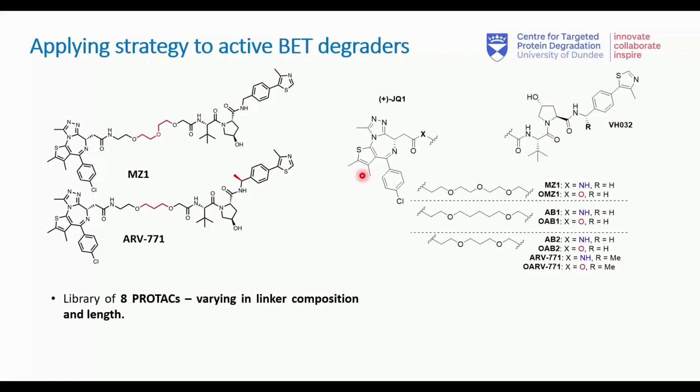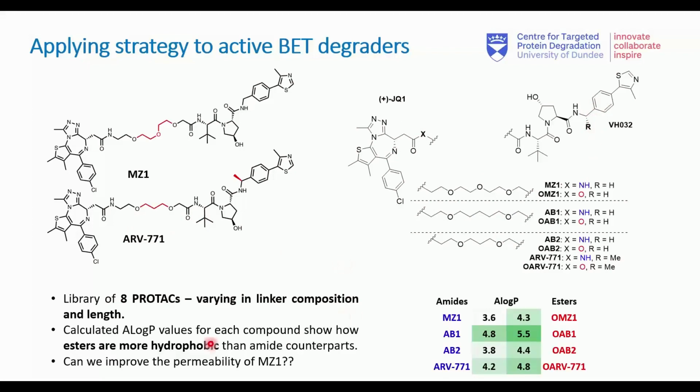So we want to synthesize a library of 8 compounds in total, which would vary in amide-to-ester linkage to JQ1 here, and also PEG-based linkers, alkyl linkers, or this shorter, more lipophilic linker present in ARV-771, and also whether there's a hydrogen or a methyl group.